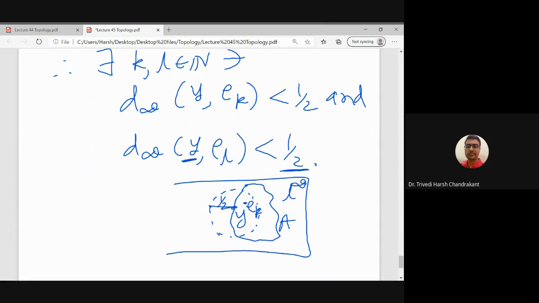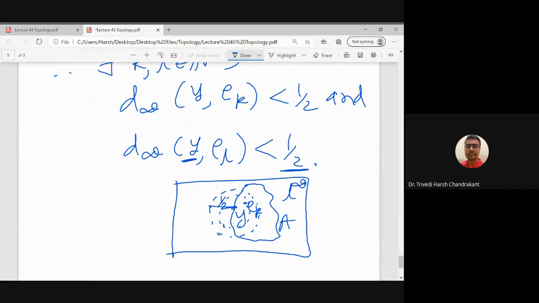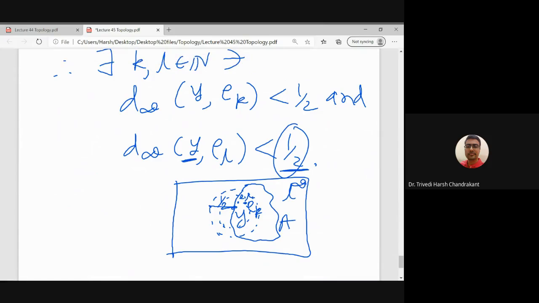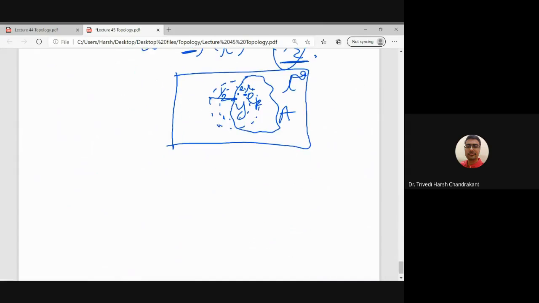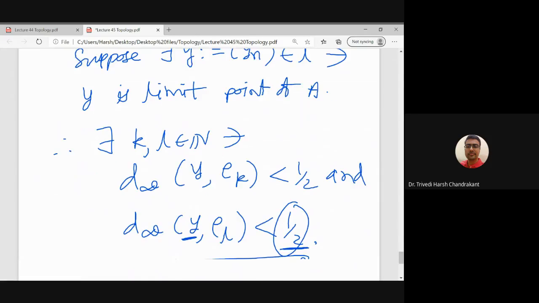And in fact this intersection is not only finite, it is infinite, because if I can find a point in the radius half, I can always find a point in a radius 1 by 3 also. I can always find another point EL here, whose distance is also less than half. So therefore we get these two elements EL and EK whose distance with y is less than half.